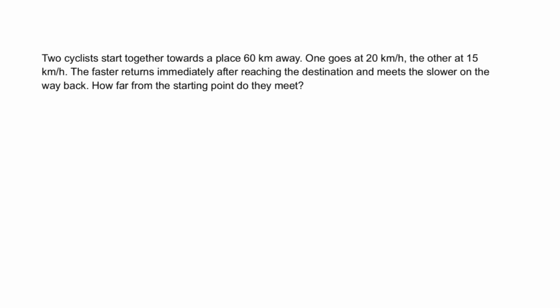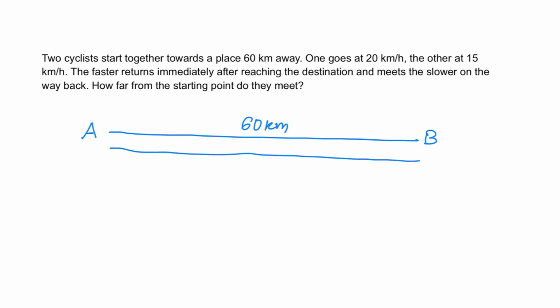So let's say that there is a point A from which the journey starts and there is a point B there. Okay. So this is 60 kilometer. The problem says that the faster will go from A to B at a speed of 20 km per hour.